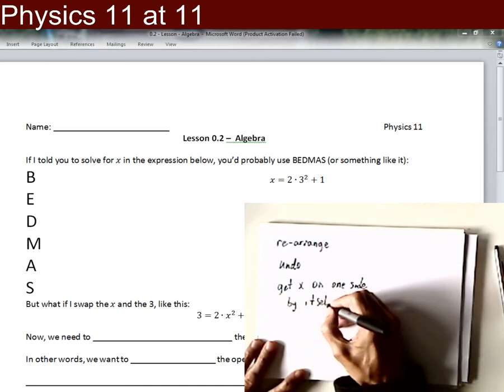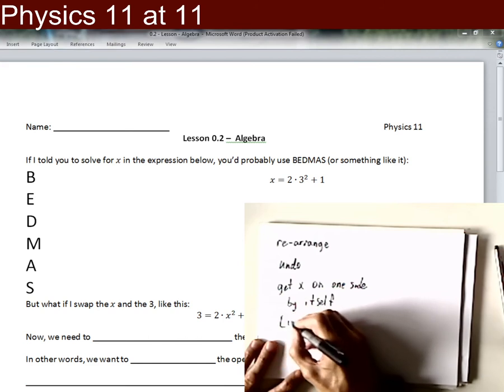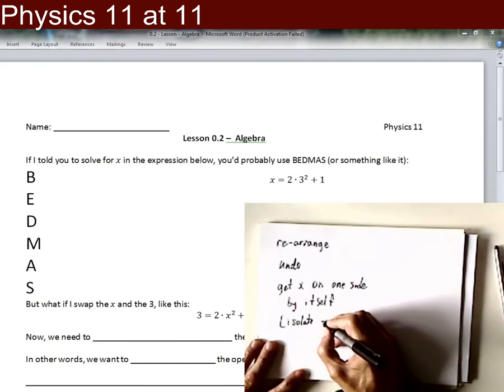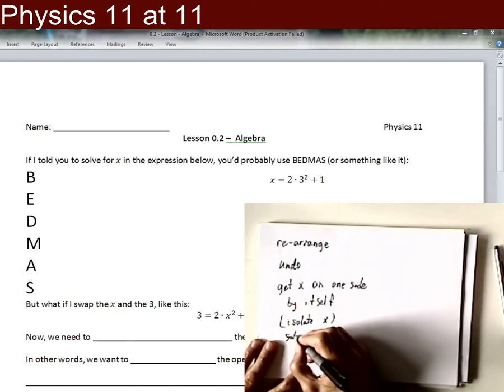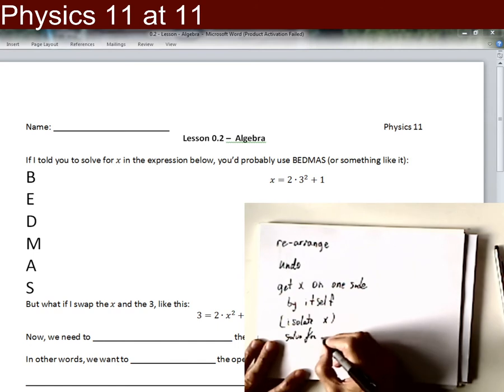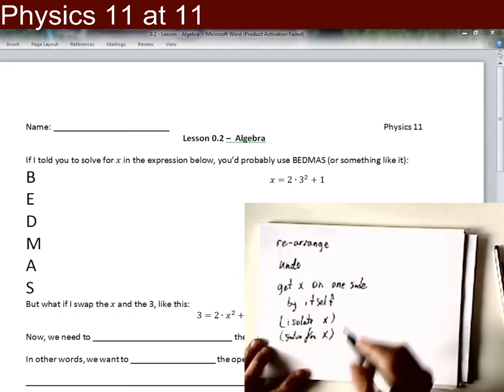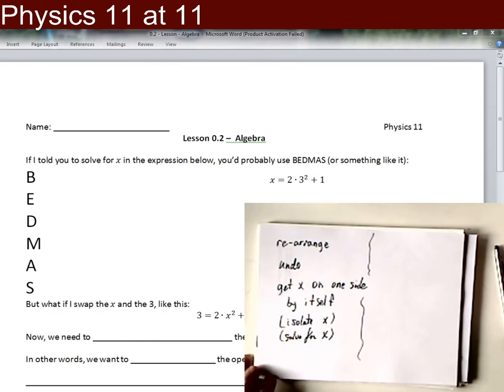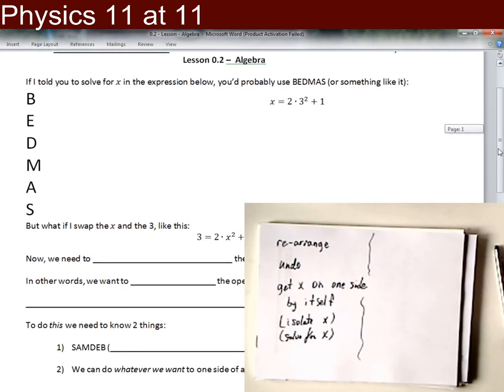In other words, what we're doing, you'll hear this expression, is isolate x, or even solve for x. That counts as well. Solve for x means do good algebra to get x by itself on one side of the equation.